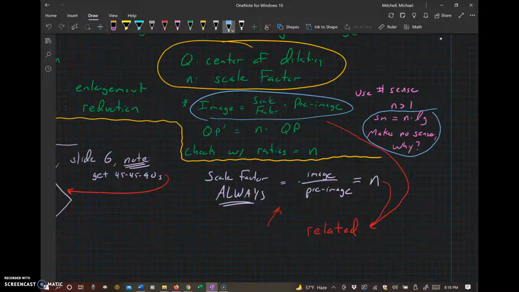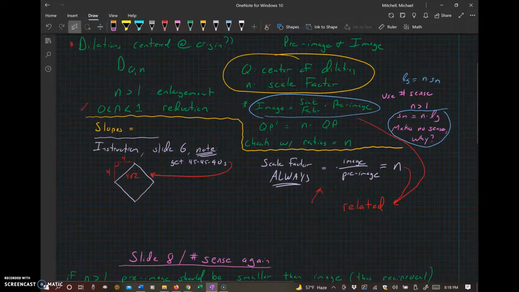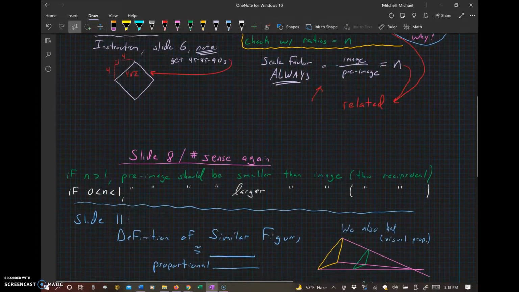If I have a smaller number, I'm not going to take something bigger than 1 and multiply to get that. Just use your number sense. In this case, it'd be the large number equals n times the small number for n greater than 1. Think about those things. That's where people make common mistakes, not using their number sense.